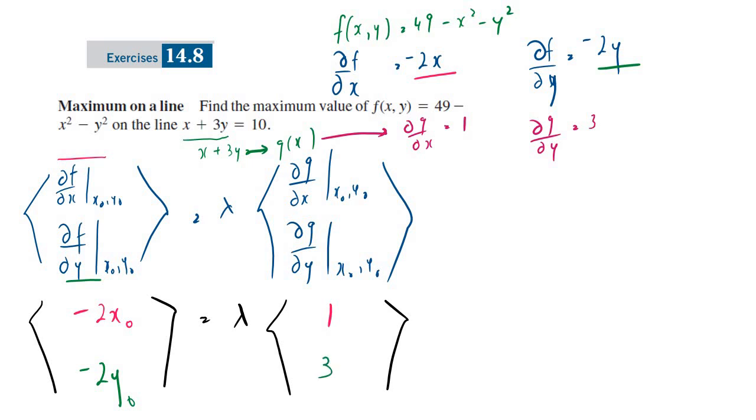So now we have two equations here, and we have another equation. This would be equation number 1, equation number 2, and the third equation would be x plus 3y equals 10. So let's take these three equations and solve them.